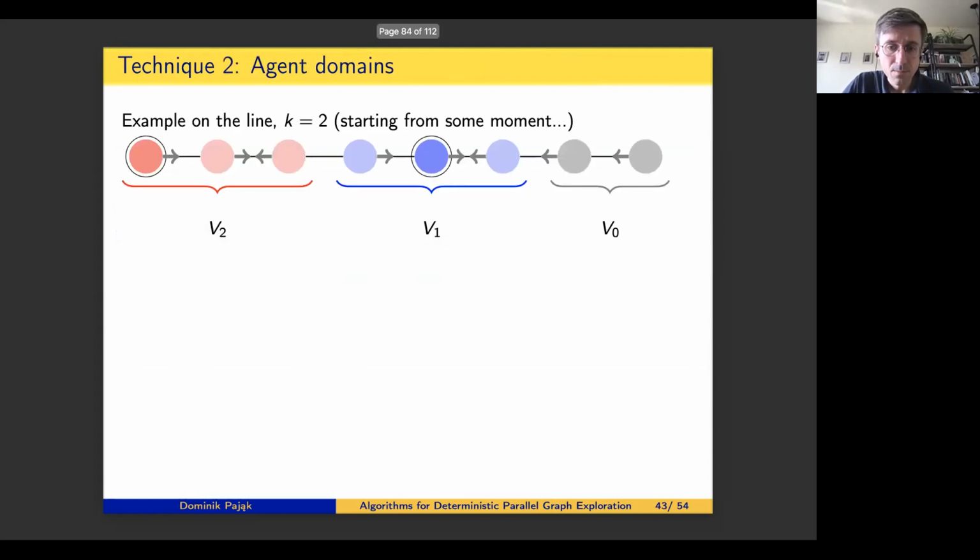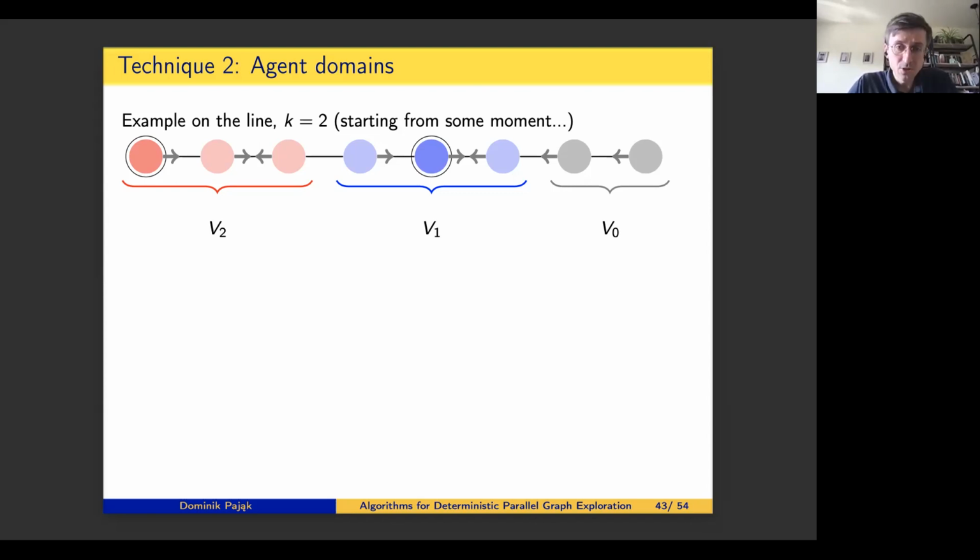One thing that's also funny is the way it looks on the path. Even analyzing this rotor-router on a path is challenging. So here we have one red agent and one blue agent, and the gray nodes are, let's say, nodes that have not been visited before.